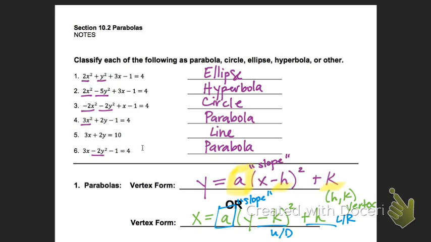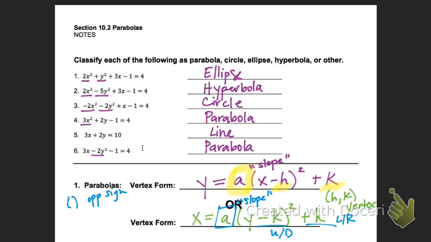Wait, I have a question. When we have the y equals equation, our h, we take the opposite sign. Do we take the opposite of the k or the h in the second vertex form? Then we switch the sign on the k as well. A good rule is if it's in parentheses, you take the opposite sign.